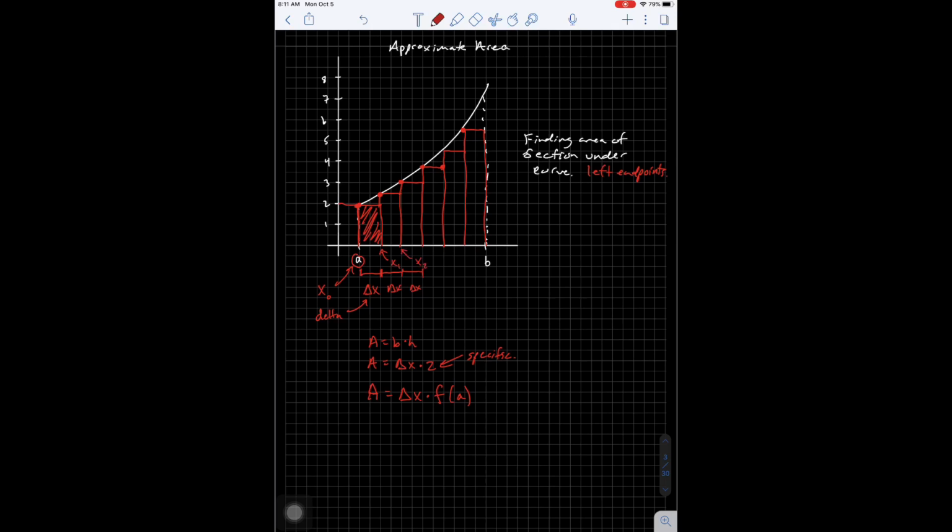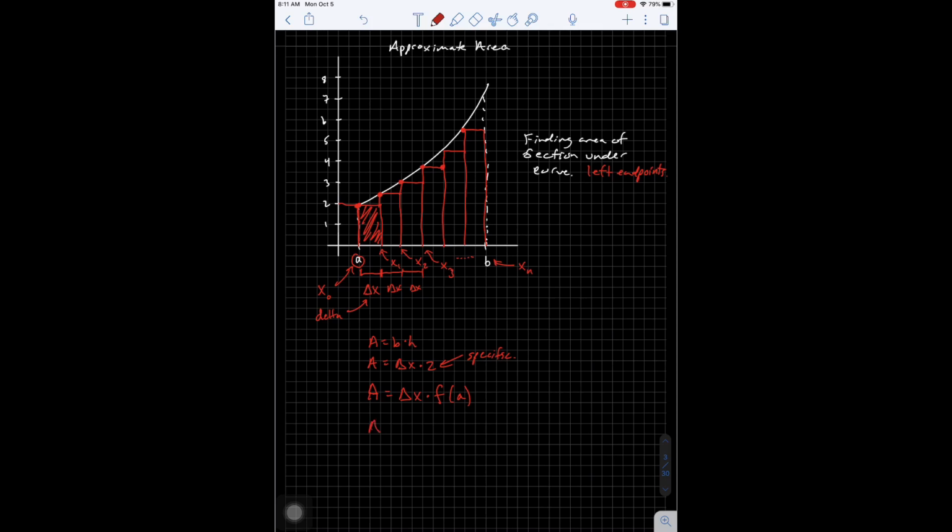This line here is going to be x sub 2. This is going to be x sub 3, all the way up to however many you have, and we're going to call this last one x sub n. Because depending on the problem, you could have 27 rectangles under there, or you could have 4 rectangles under there. So we're trying to generalize this idea.